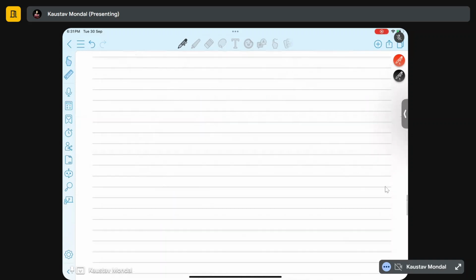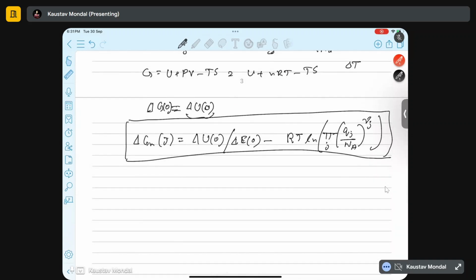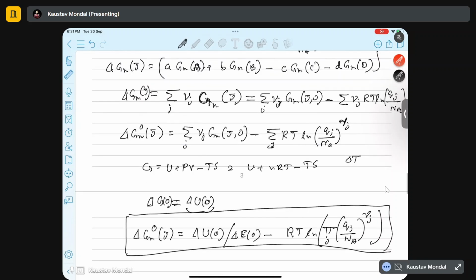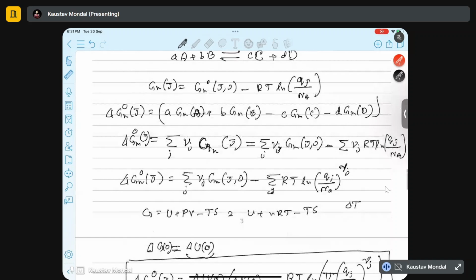So this is how the Gibbs free energy changes. We just calculated how the Gibbs free energy changes at standard condition, so this whole thing is actually happening at standard condition, G0. Everything is basically happening at the standard case.